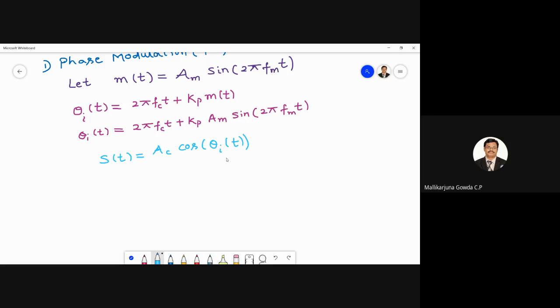Now can you substitute the value of theta i of t and say what is the expression for the phase modulated signal when we consider m of t is a sinusoidal signal? S of t equals Ac cos of 2 pi fc t.